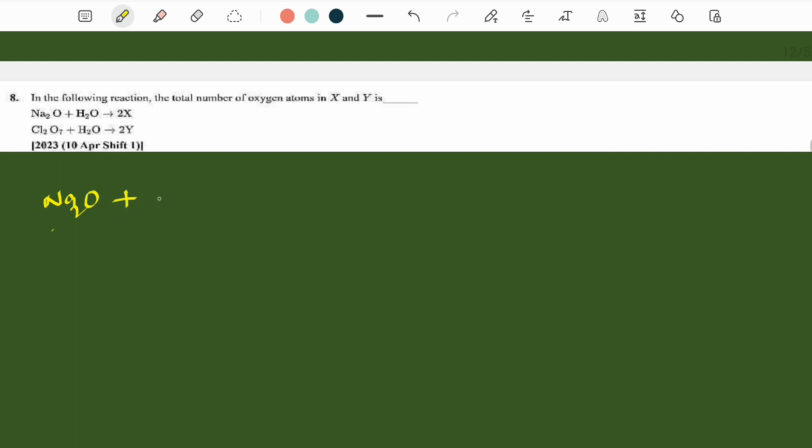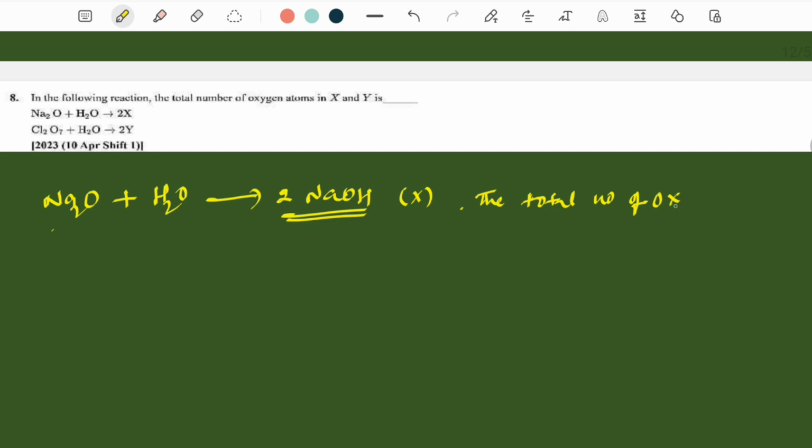Na2O plus H2O gives 2 NaOH, which is X. In this equation, there are 2 NaOH molecules. So the total number of oxygen atoms in X is equal to 1.